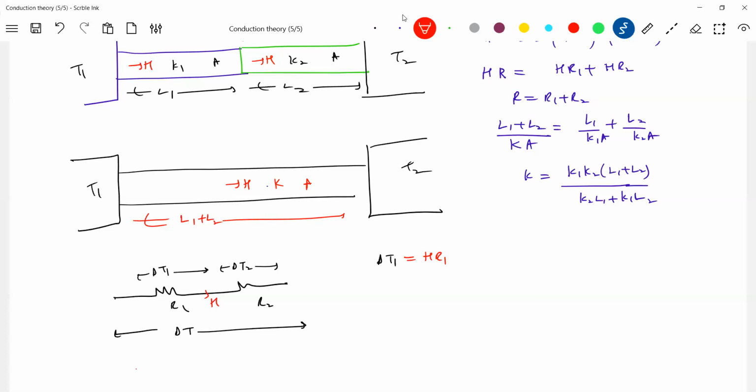And if I replace these two with an equivalent one, what is H? You can write it as delta T by R. And what is R? R1 plus R2.